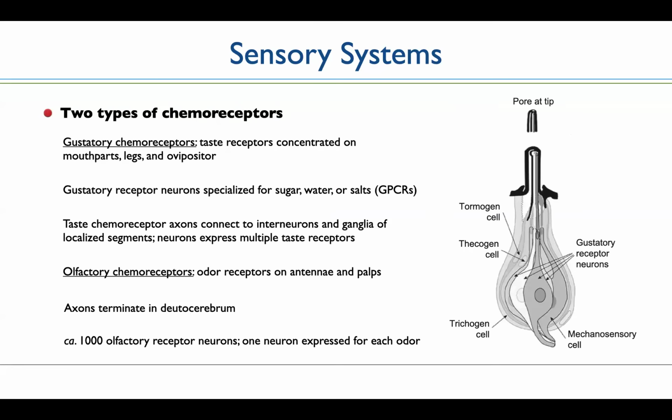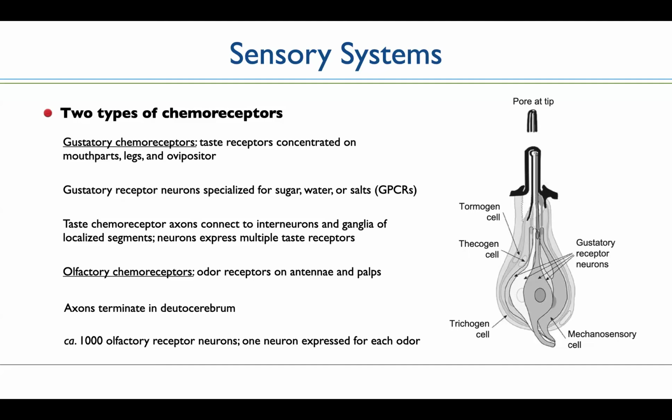So there are two types of chemoreceptors before we get into the mechanoreceptors. There are gustatory receptors and olfactory receptors, and they both work in a similar fashion. Gustatory receptors are the taste receptors. They're concentrated in the mouthparts, the legs, and the ovipositor. And they have neurons that are specialized for different substrates or media, whether it's sugar, water, or salts.